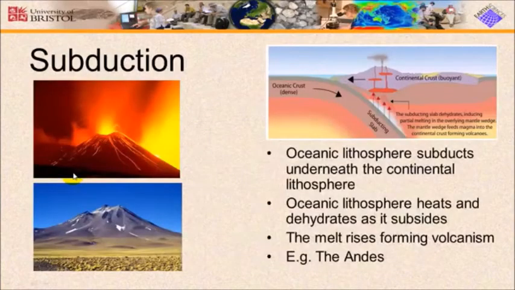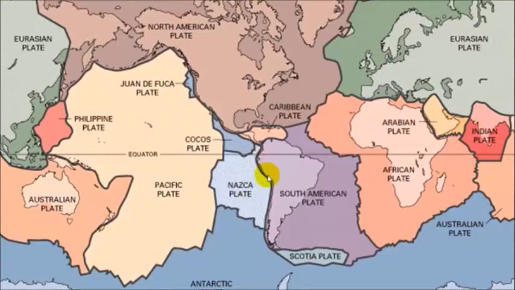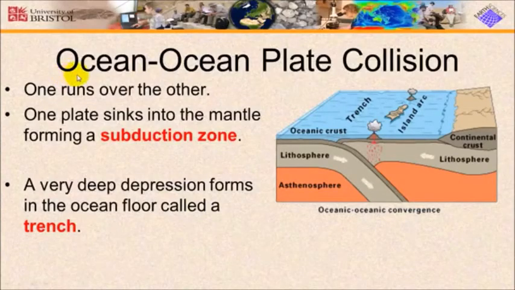The Andes mountain range along the western edge of South America is an example of a mountain belt formed by subduction. We can see here the South American plate, which is continental plate, is pushing up against the Nazca Plate, which is in the middle of the Pacific Ocean, and this plate boundary forms the Andes Mountains.